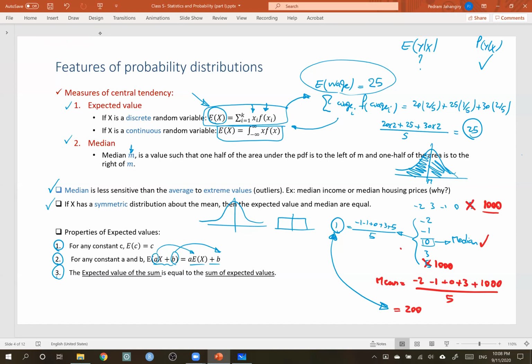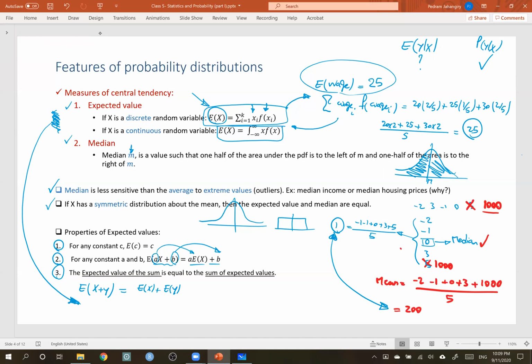Okay, so property number 3. It says that the expected value of a sum is equal to the sum of expected values. This is a very nice property. So what do I mean? The expected value of a sum of random variables, for instance X plus Y, is equal to the expected value of X plus the expected value of Y. And by the way, guys, you can use the definition of expected value here and mathematically prove this.